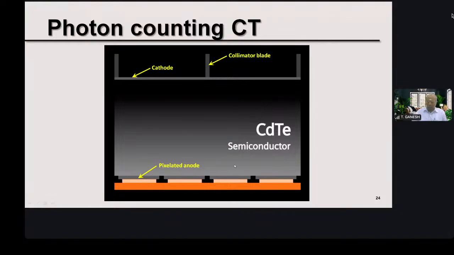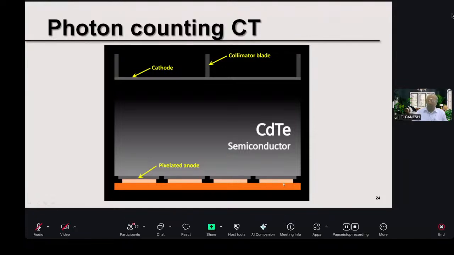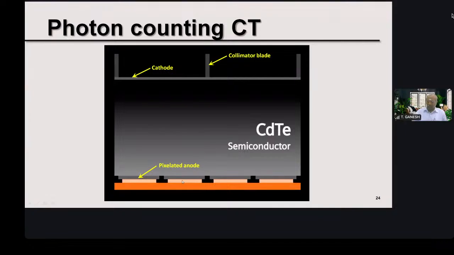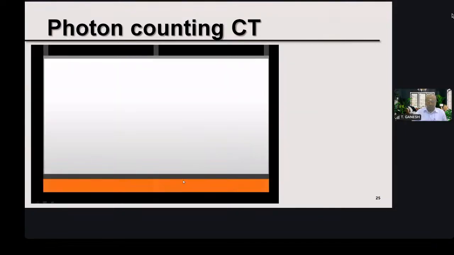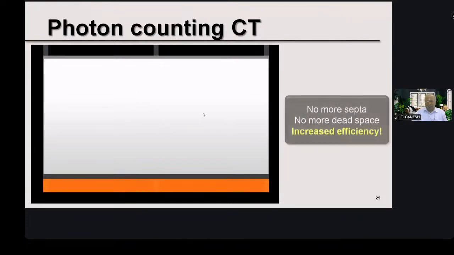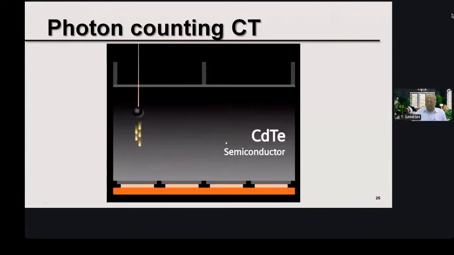Just below it is the pixelated anode. That's one pixel, that is another pixel, like that. And the signals are detected by these anodes. Compared to the energy integrating detector, here there are no more septa, no more dead space, and there is very much increased efficiency.